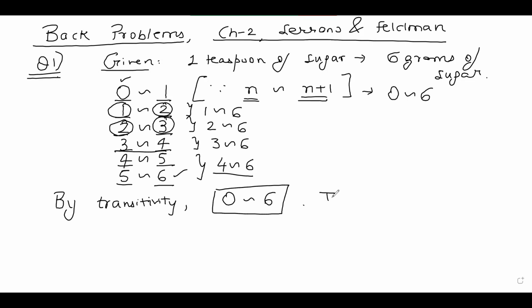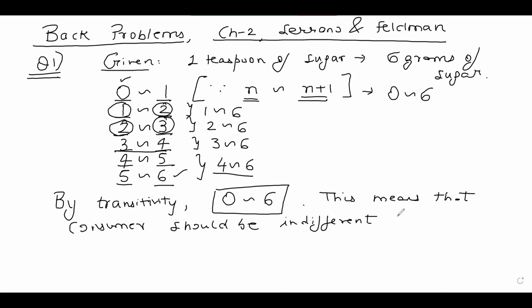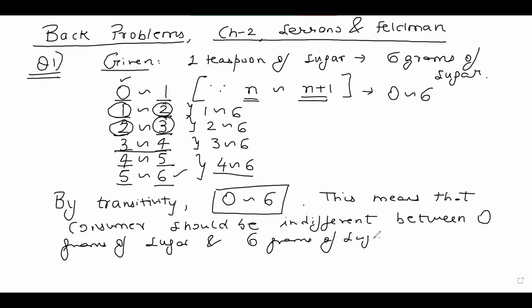So I can say this means that the consumer should be indifferent between 0 grams of sugar and 6 grams of sugar. The consumer should be indifferent between them.